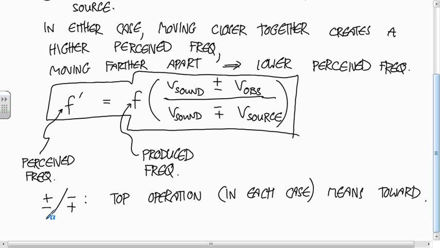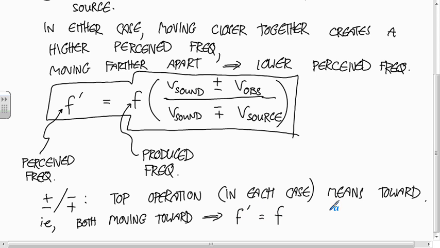So, in other words, both moving toward each other means f prime is equal to f times the speed of sound.